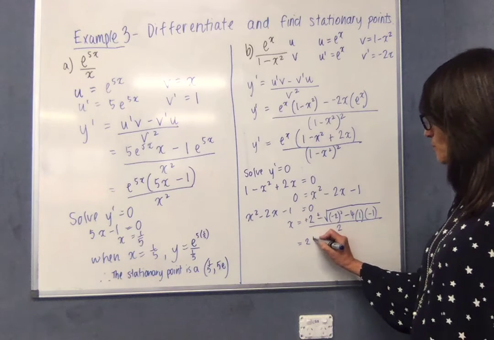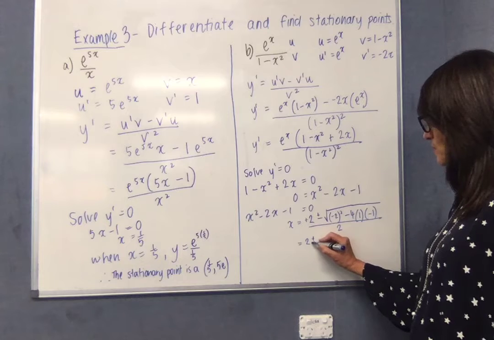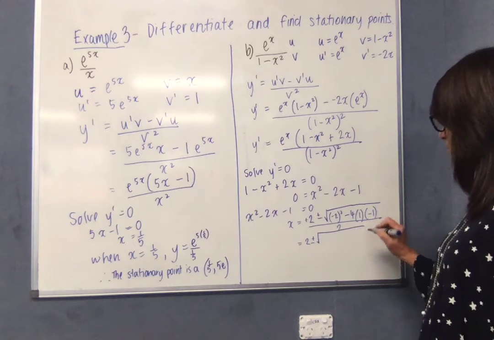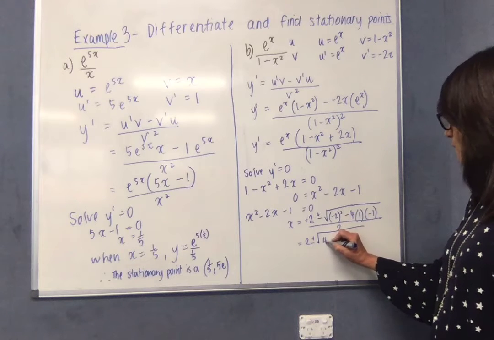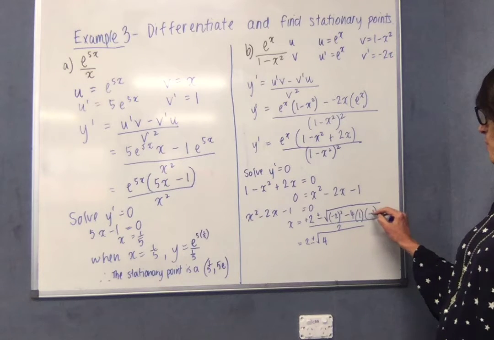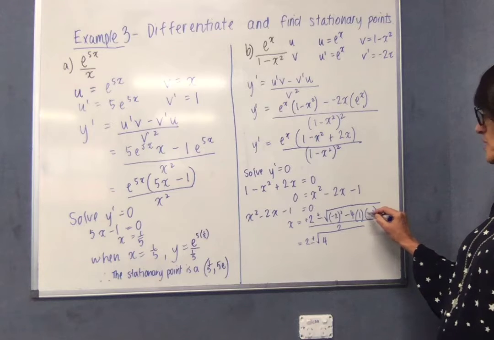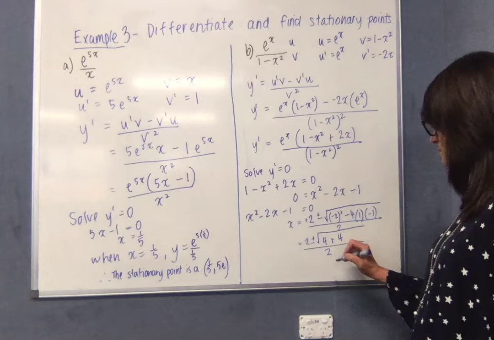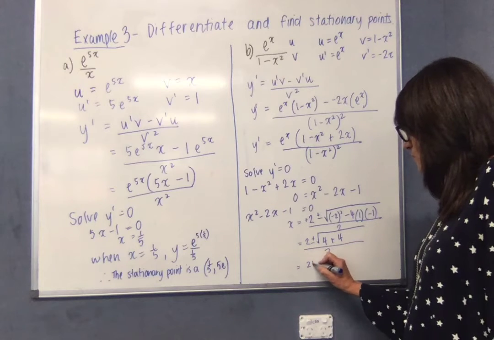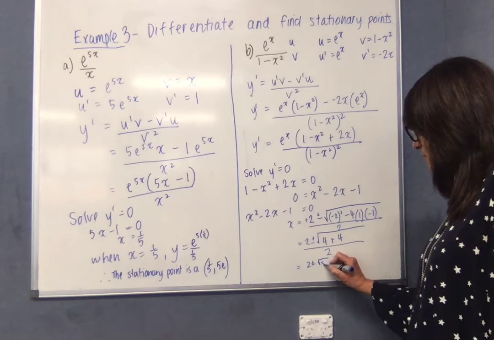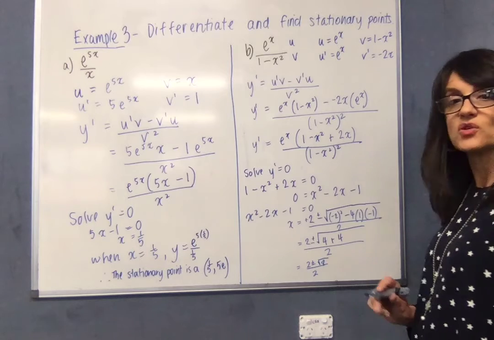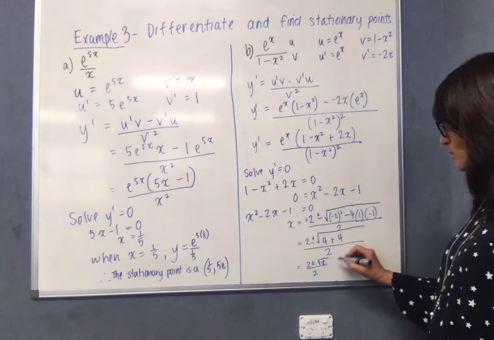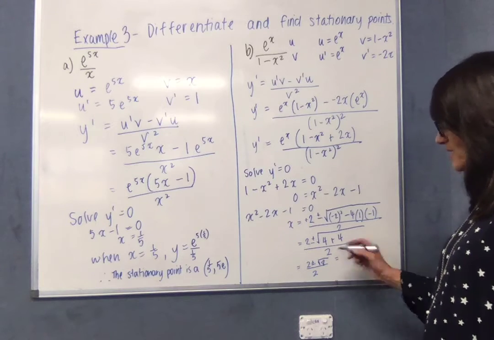Now we end up with 2 plus or minus the square root of 4, and then negative 4 times negative 1 is positive 4, so it becomes plus 4 all over 2. So we end up with 2 plus or minus the square root of 8 all over 2, and we can simplify that by taking out a common factor of 2, because let's think about root 8.